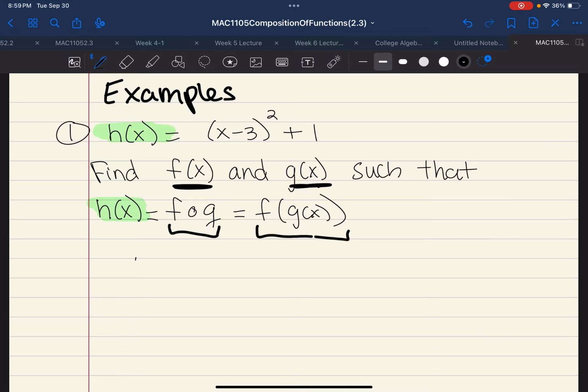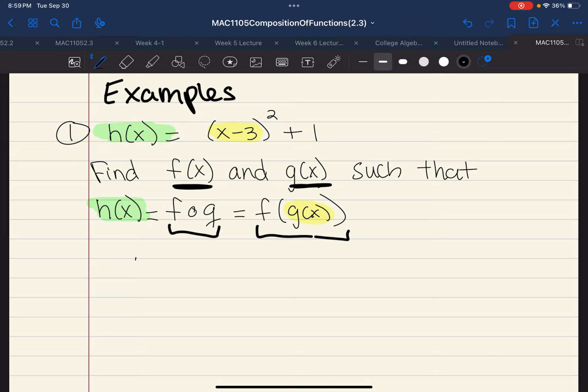So I'm trying to find the inside piece of this function first. So if I look at h of x, and I'm trying to see which part of this function looks like it's inside of something, well, I would say that would be x minus 3. It's inside of the parentheses. It's all being raised to the exponent of 2.